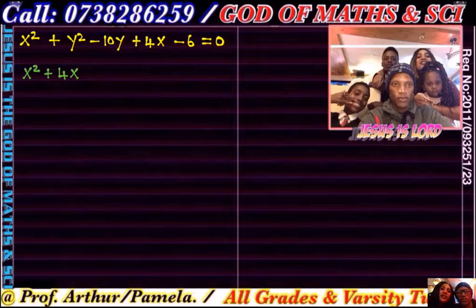Then I take the terms that have the y, which means it will be plus y squared and then minus the 10y. The other thing is just numbers without the x or the y. Take it over to the other side, which is the 6 over there. That's what you do first.